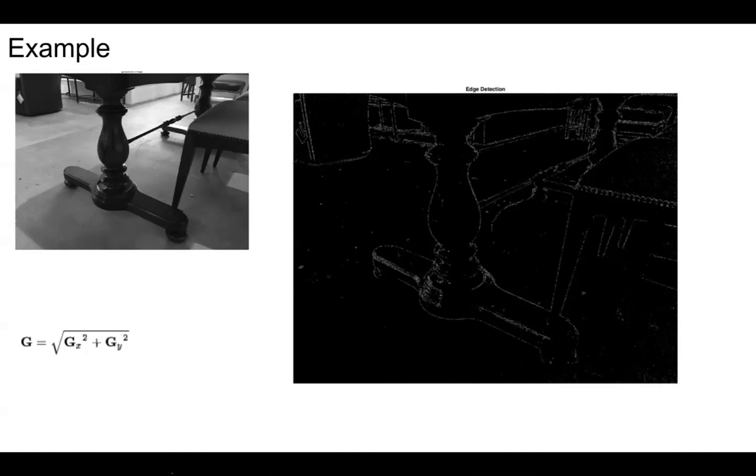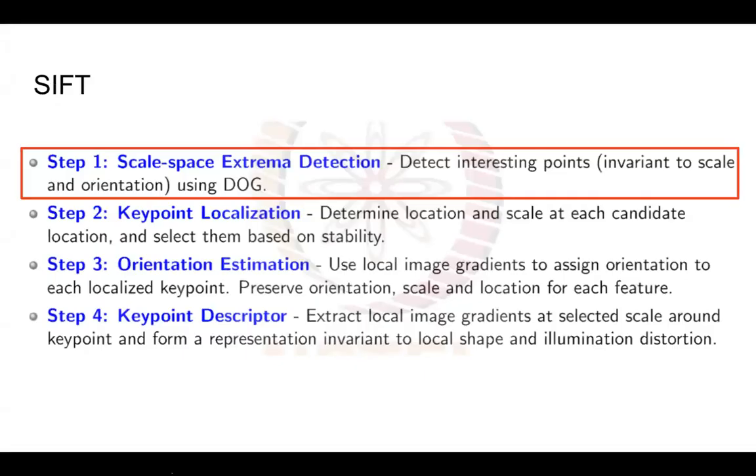So far it has around 50,000 citations, so that tells us about the popularity of SIFT in the computer vision domain. So yeah, it's a pretty fundamental operation to do on an image.